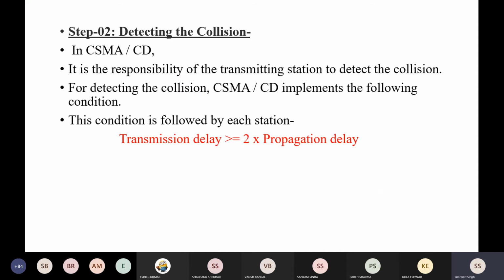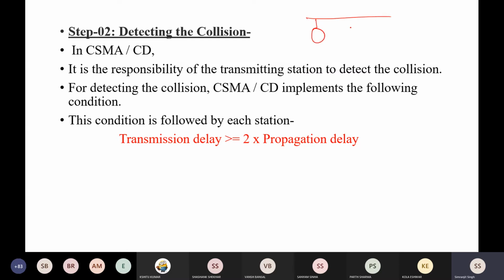Now the second step is detecting the collision. This is one of the most important things. How can you detect a collision if there is one? In CSMA/CD it is the responsibility of the transmitting station.